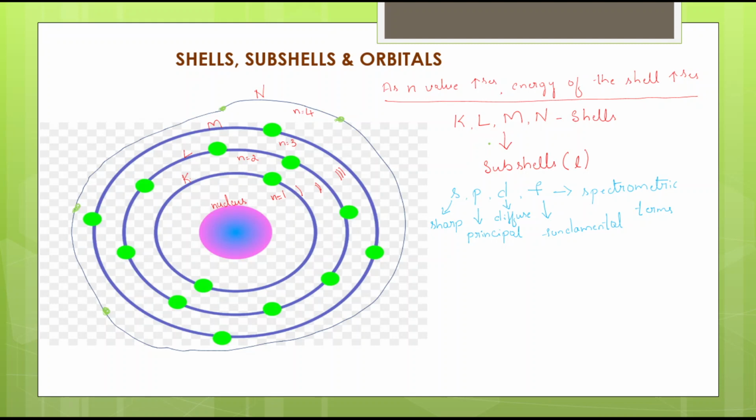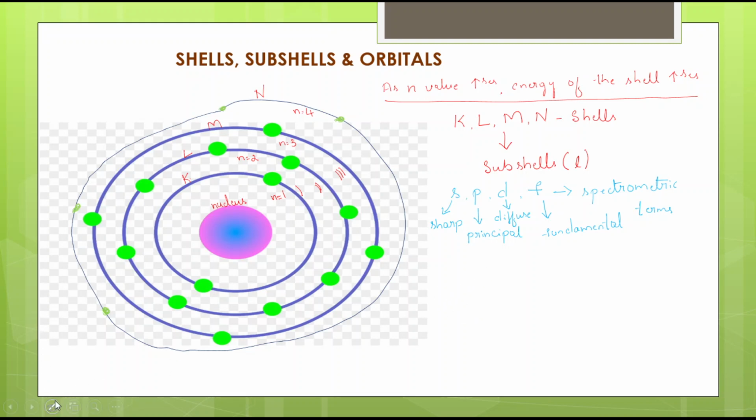So how to calculate now? A K shell consists of how many subshells? We shall see. If you check the l value, we will know whether it is s, p, d or f.